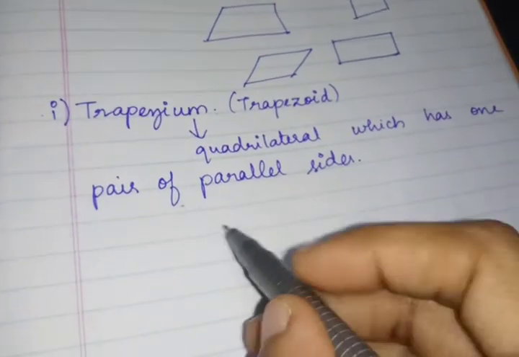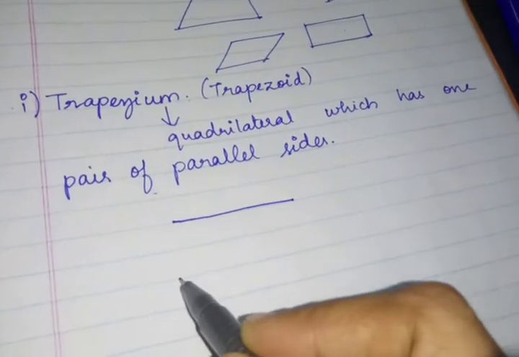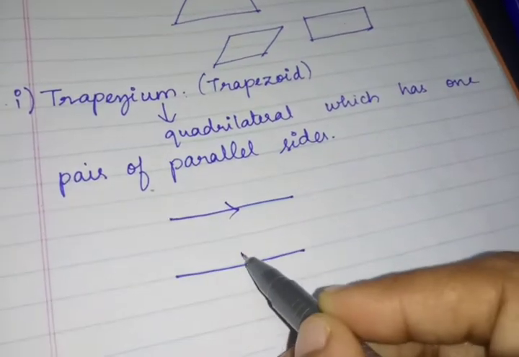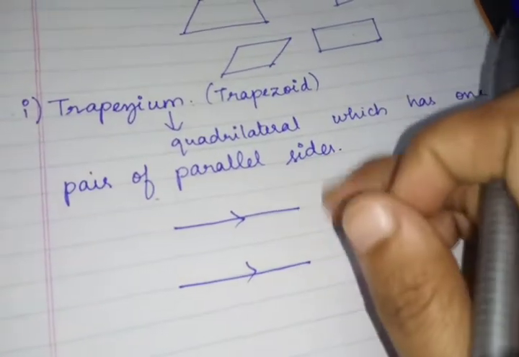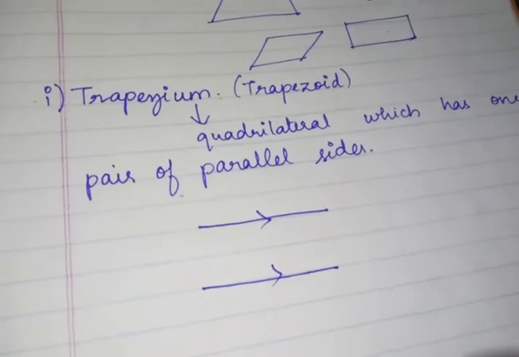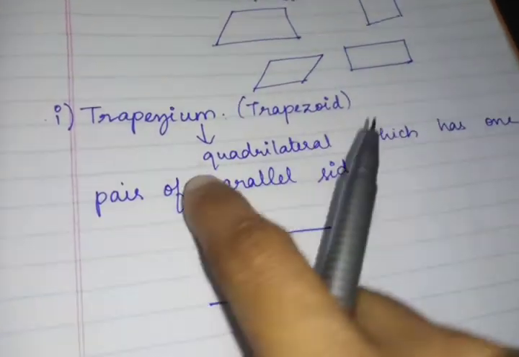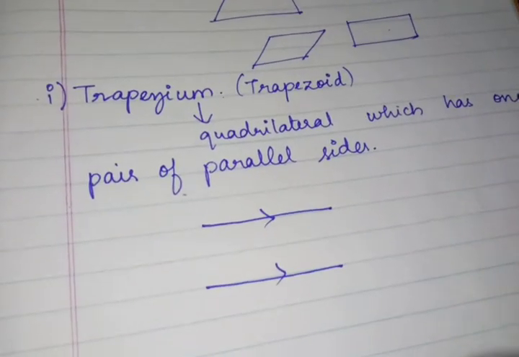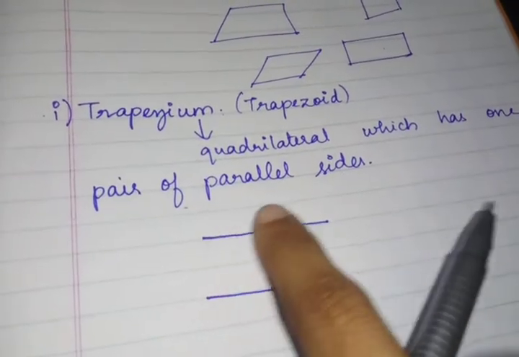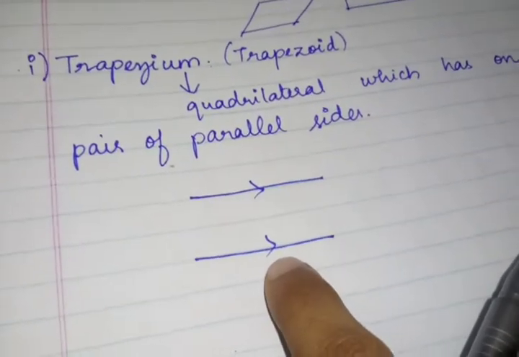The parallel means what? Two lines are said to be parallel if they never intersect each other. It will be going on and it will never intersect each other in any situation. So this trapezium will have at least one pair of parallel sides. One pair means this side and this side are parallel to each other.